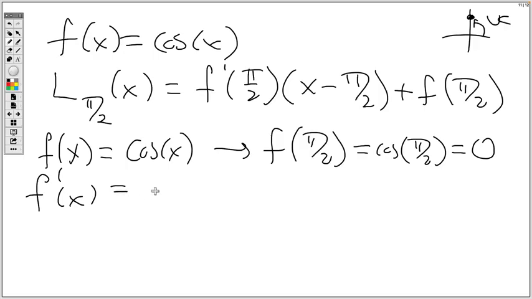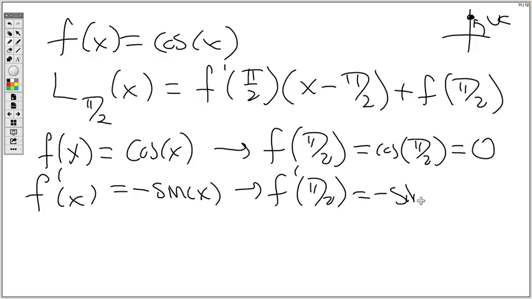What's f prime of x? What's the derivative of cosine? Negative sine. So what's f prime of pi over 2? Minus sine of pi over 2. What would be the sine of pi over 2? 1. So this would be negative 1. And so I put that together for my linearization.